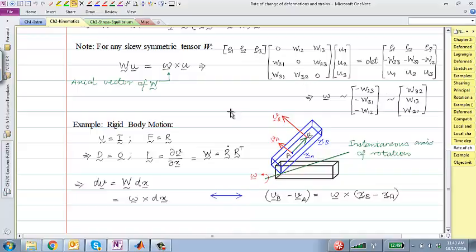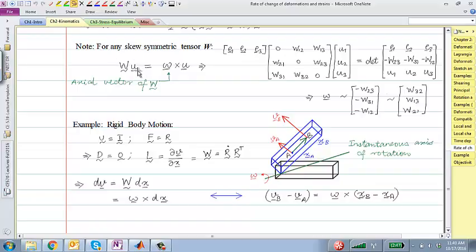So if you take that tensor W acting on an arbitrary vector, this tensor acting on a vector will give you a vector.